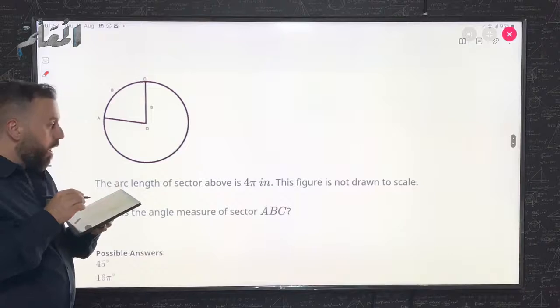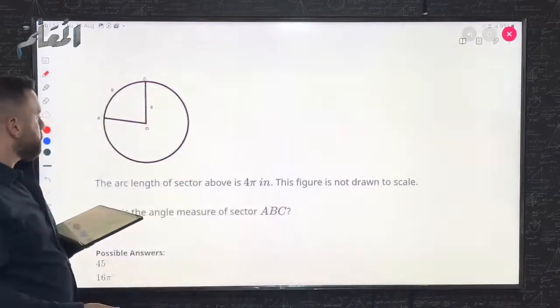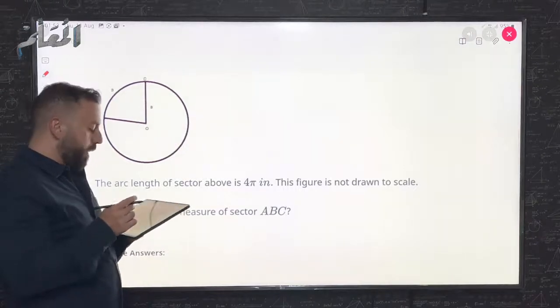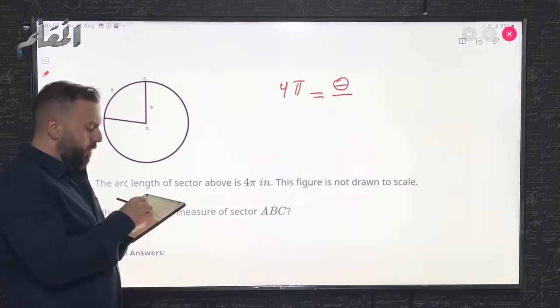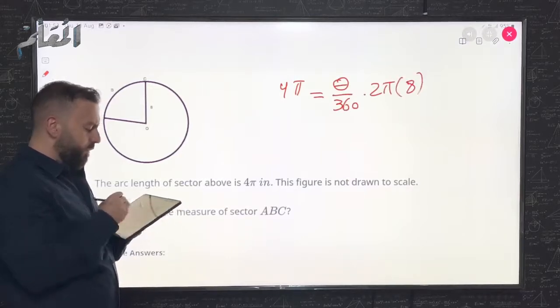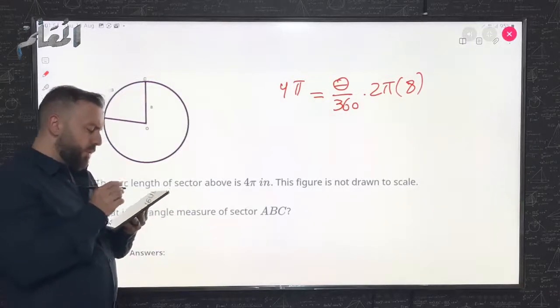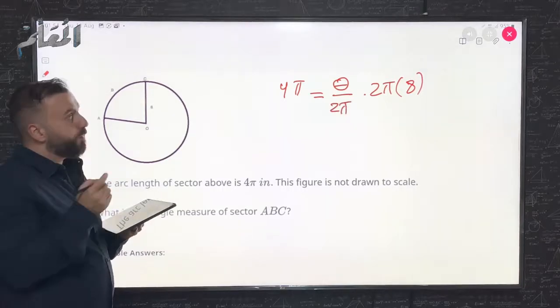If the arc length is given, which is 4 pi, then 4 pi is equal to theta over 360 times 2 pi, and the radius is 8. In this case, I can replace the 360 with 2 pi because 360 degrees in radians is 2 pi.